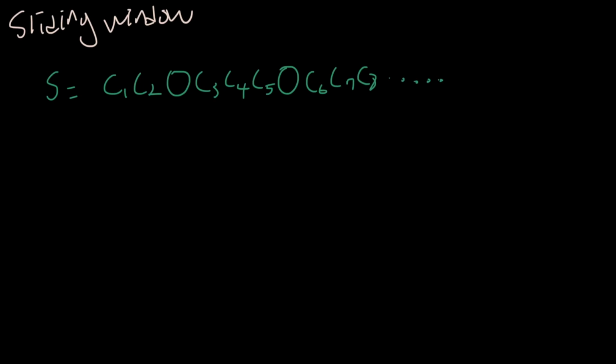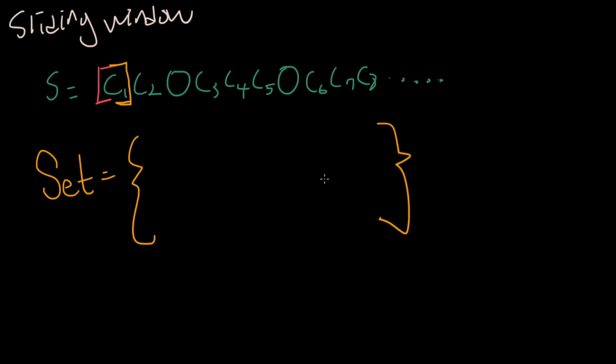The approach is very similar. We are going to have a left pointer and a right pointer starting from 0. And then we are going to have a set data structure. And then we're going to keep track of the maximum length to return the answer, okay?